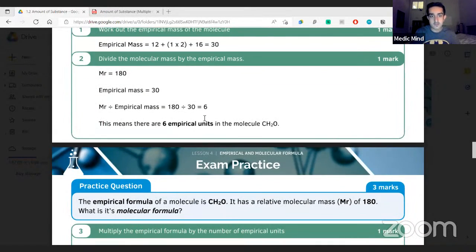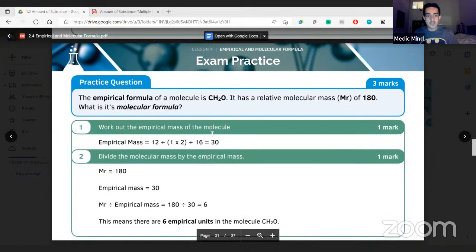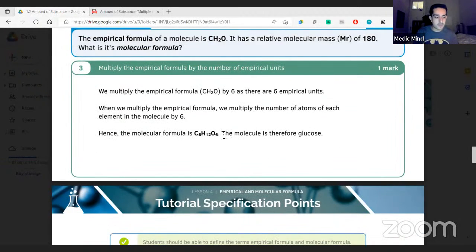The molecule is therefore glucose. So all you do is you work out the empirical mass, you work out the molecular mass to empirical mass ratio, and then you multiply back upwards.